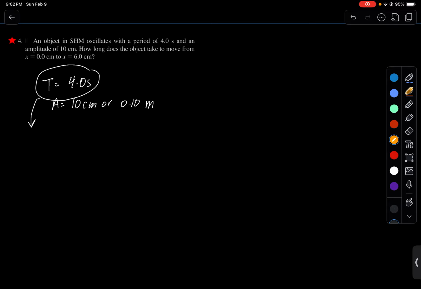The formula of omega is omega equals 2 pi over T. So let's plug that into the equation. Omega equals 2 pi over 4 seconds, which is going to give us pi over 2 rad per second.